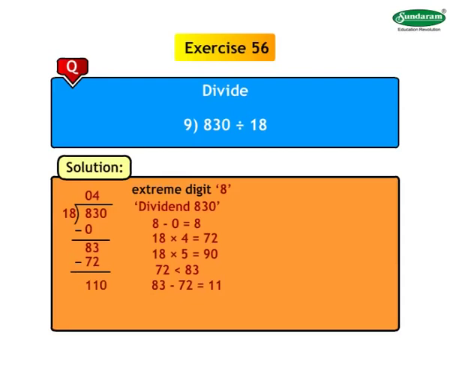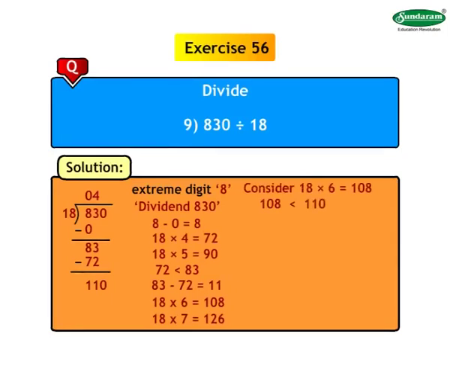In table of 18, 18 into 6 is equal to 108. 18 into 7 is equal to 126. So we have to consider 18 into 6 is equal to 108, as 108 is less than 110.